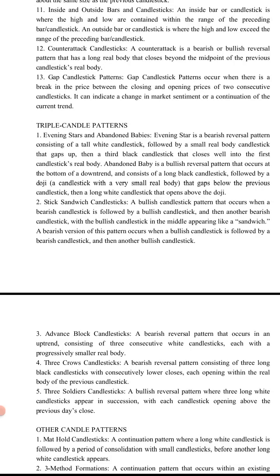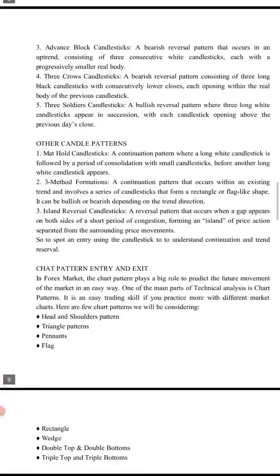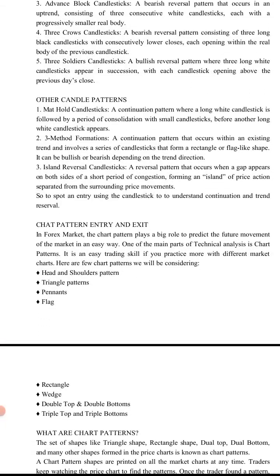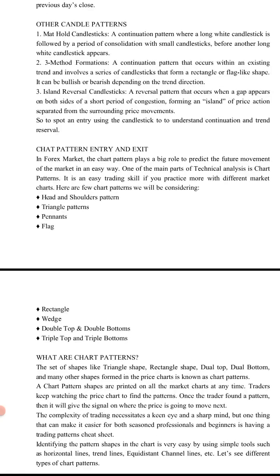Now we have the triple patterns also, and we have other kinds of patterns. Under those candlestick patterns, we have the rectangle, the flag, the triangle pattern, and the head and shoulders pattern. We have the wedge pattern.